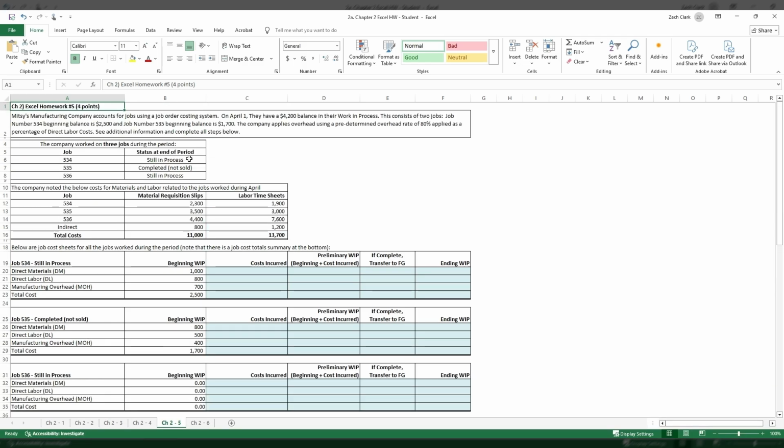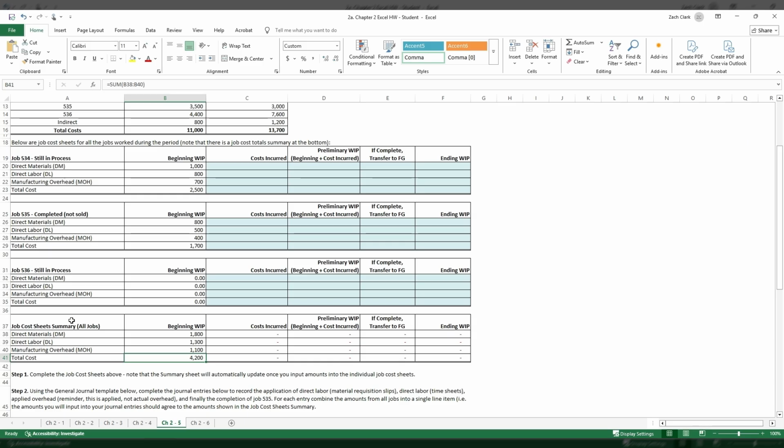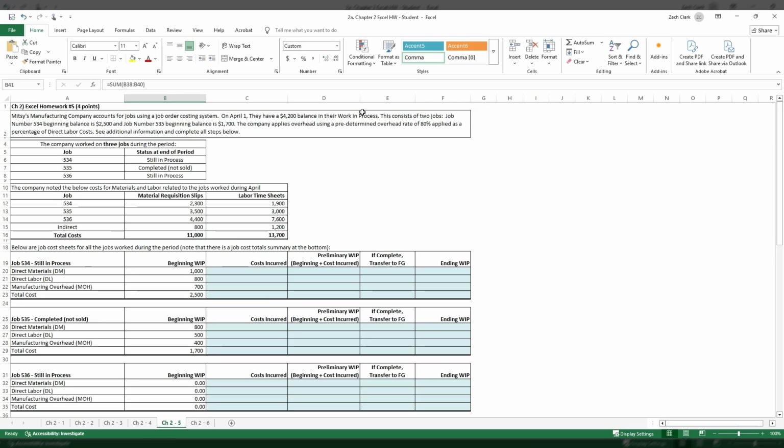So we can see here, there's a 4,200 balance. That's what we see here. So this will be a summary of all the job cost sheets, and beginning work in process here is 4,200, which agrees to what they told us above, and that's job 534 and 535, and that's just the beginning balances. Okay, so that's where we see it below.